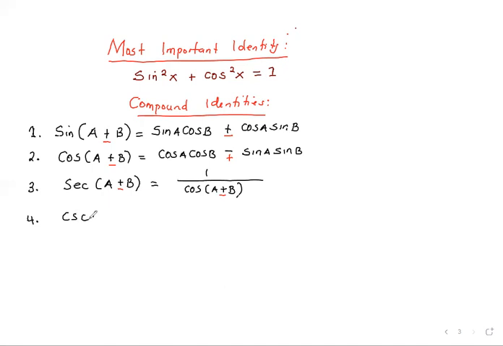Cosec A plus B is equal to 1 over sine A plus B, so that if there is minus, there's minus.